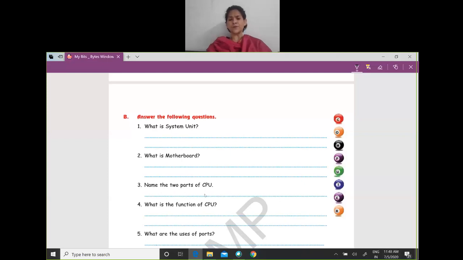The two parts of CPU are control unit and arithmetic and logic unit. What is the function of CPU? CPU is the brain of the computer, and it controls and manages the internal activities of a computer. It is responsible for all the processing that is done in a computer.